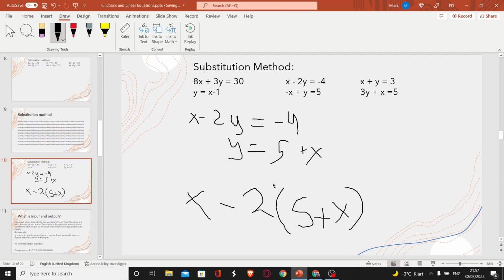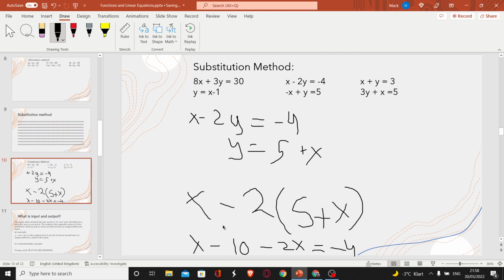I'll put this in brackets, and using the distributive property, I'll multiply both of these terms with minus 2. So we'll get 5 times minus 2, which is minus 10, minus 2 times positive x, which is minus 2x. And we know that all of this is equal to minus 4.